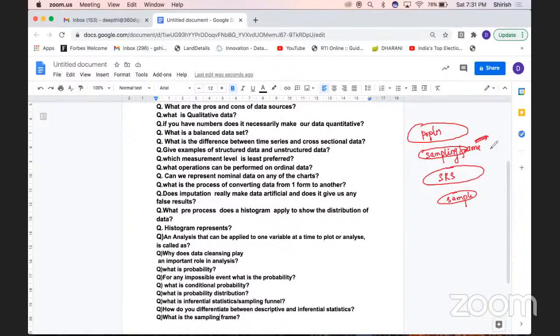So that is done on the sampling frame. The condition you apply on data, from such a big population, gives you the sampling frame. You are taking steps to get a sample.